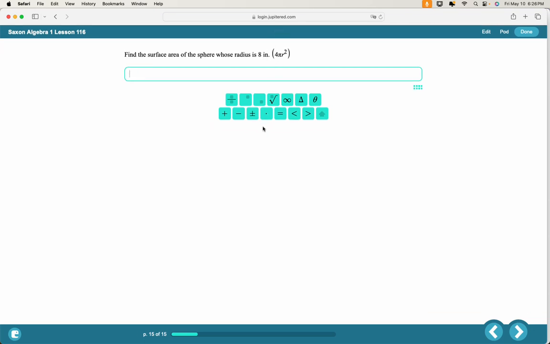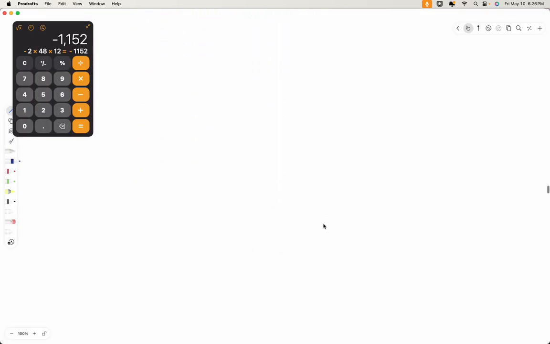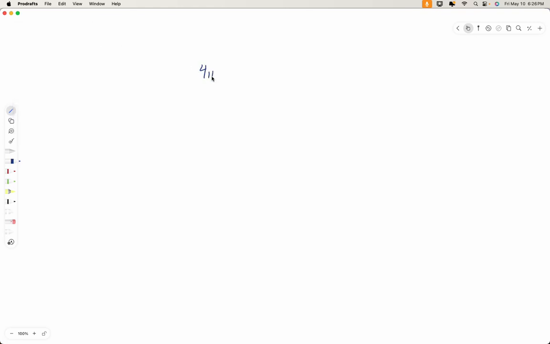So let's go over here, 4 pi r squared, and r is equal to 8 inches. That's the radius.